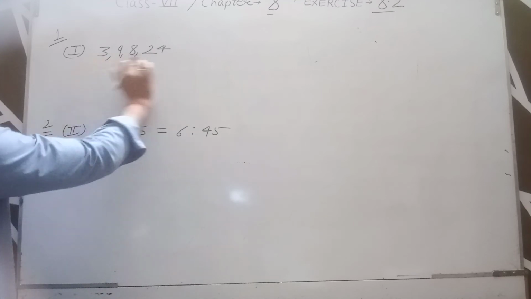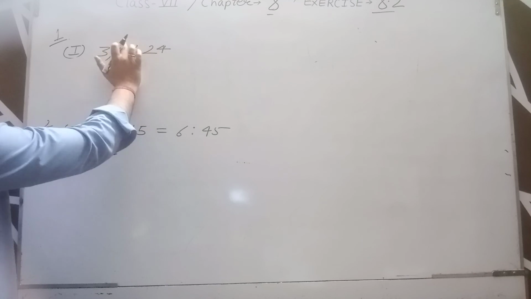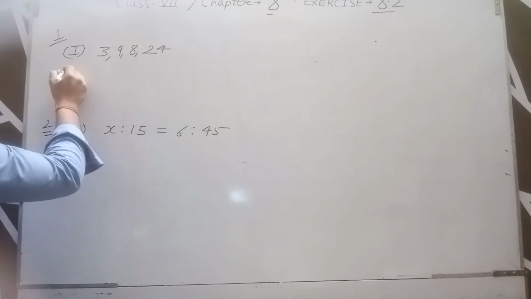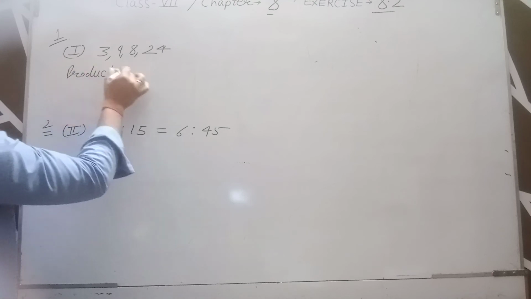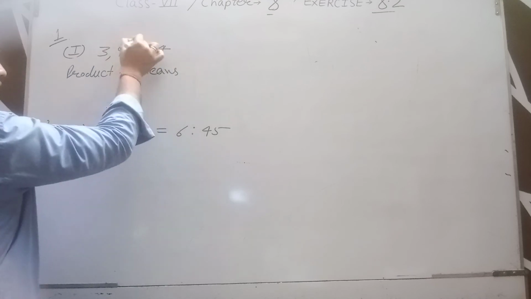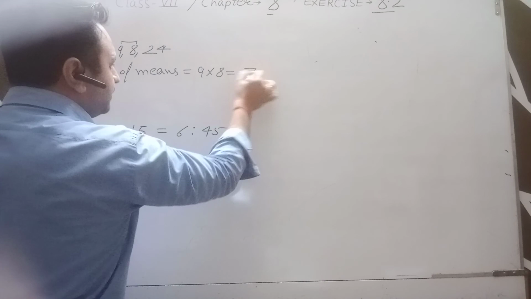If these numbers are in proportion, then the product of extremes and the product of means must be equal. So we find the product of means. Product of means means multiply these 2 numbers, and their product is 72.